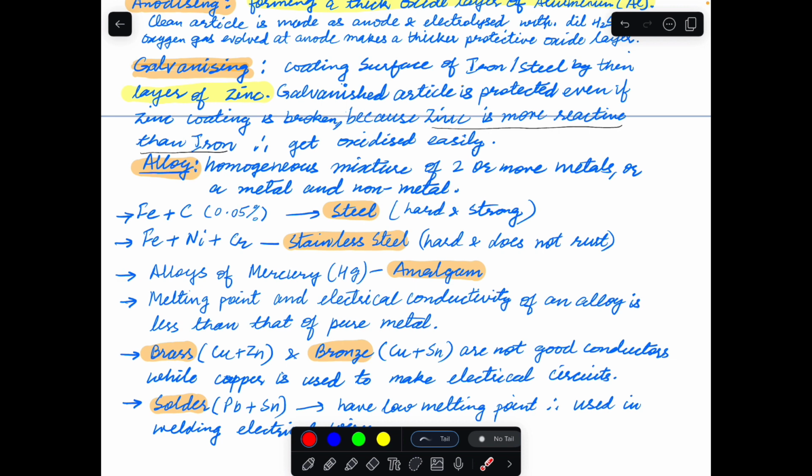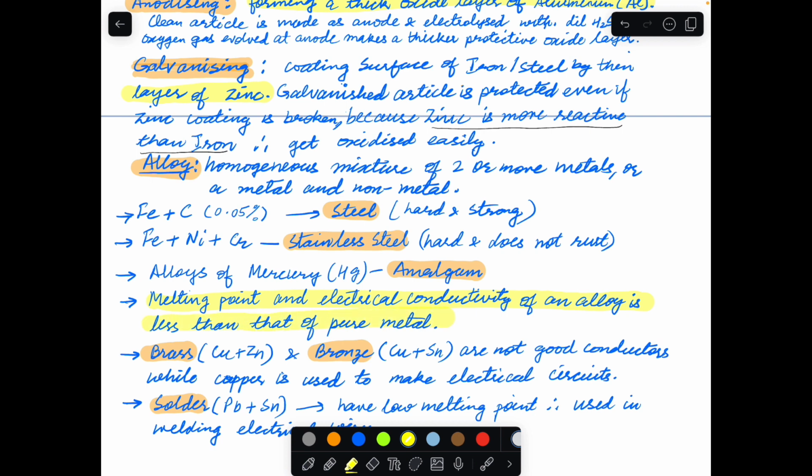Next, we can make alloys of mercury also, and these alloys are called amalgams. An important point you should remember is that the melting point and the electrical conductivity of an alloy is less than that of the pure metal.